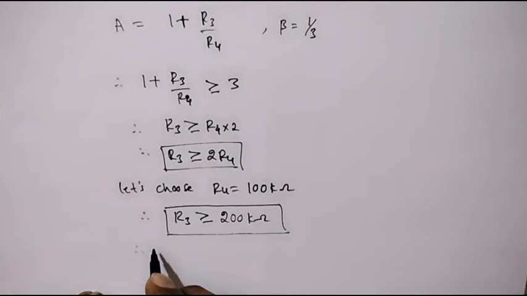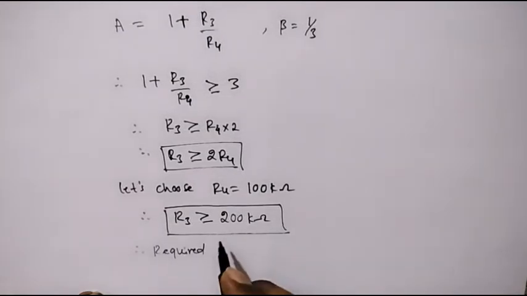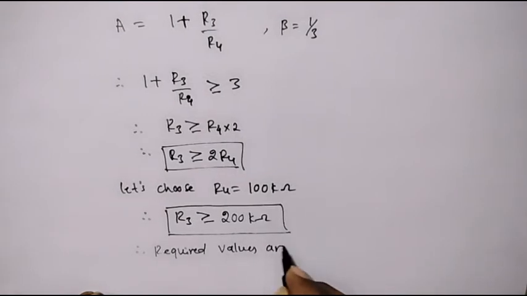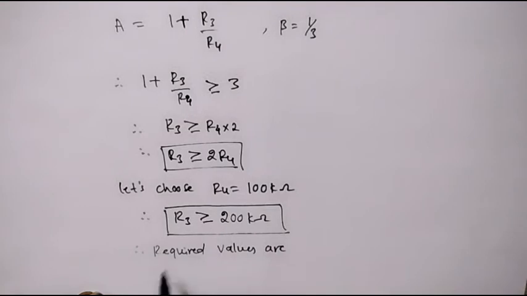Therefore the required values are R1 is equal to R2 is equal to R, which is 13.26 kilo ohm.